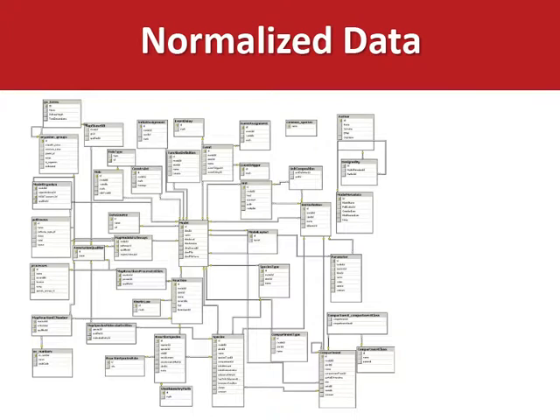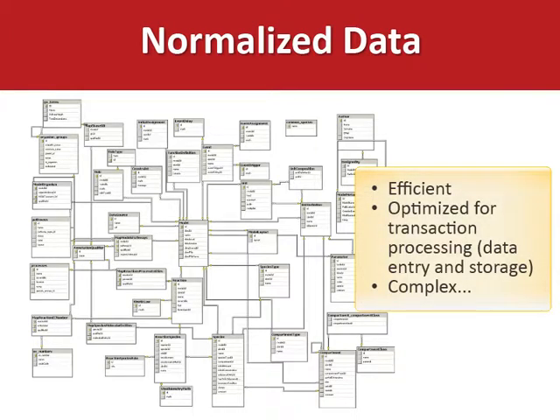Now this isn't a very efficient way to store data, and it's optimized for transaction processing. That is, adding new transactions, adding new data. Where it becomes difficult is for someone who wants to extract data to answer a question. Then you have to navigate this web of many tables and relationships.